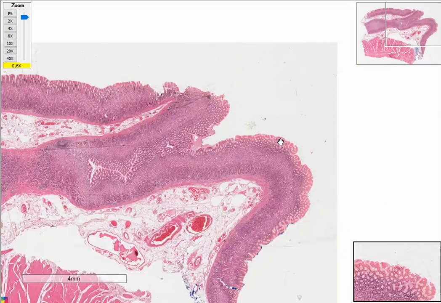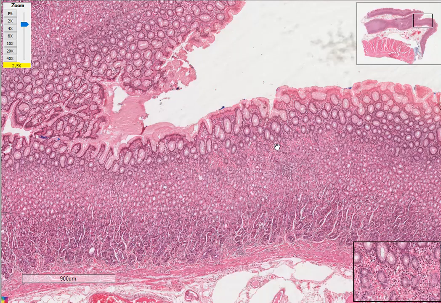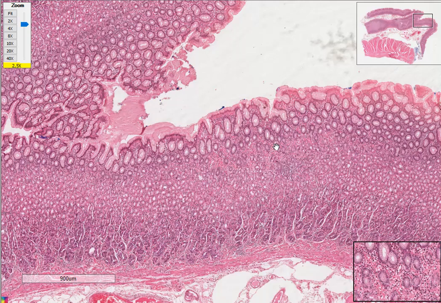And then, like I mentioned, remember intrinsic factor, which is secreted by your parietal cells.